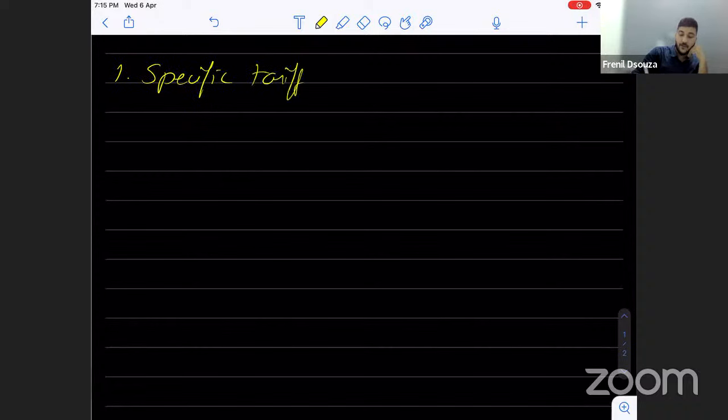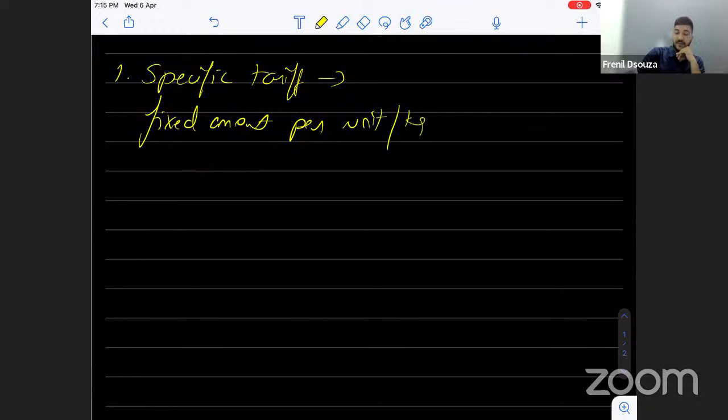Specific tariff. Now, what do you mean by specific tariff? Very simple. A specific tariff is a fixed amount of money per physical unit, or according to the weight or measurement of a commodity which is being imported or exported. What did I say? It is a fixed amount per unit or per, let us say, kg, per liter, or any kind of measurement on that particular product.